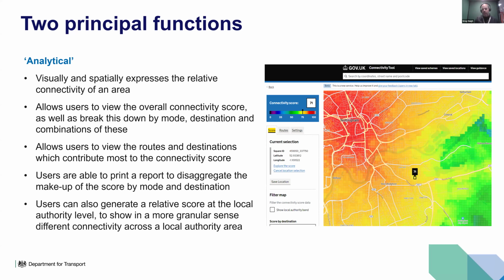So you can see local trains and buses that travel from a certain area and how much they actually add to the score. You can also print off results that give you a breakdown of everything behind the score. And there's also a local authority view that enables you to have a bit more visual differentiation of different connectivity scores across a local authority. Okay, next slide, please.